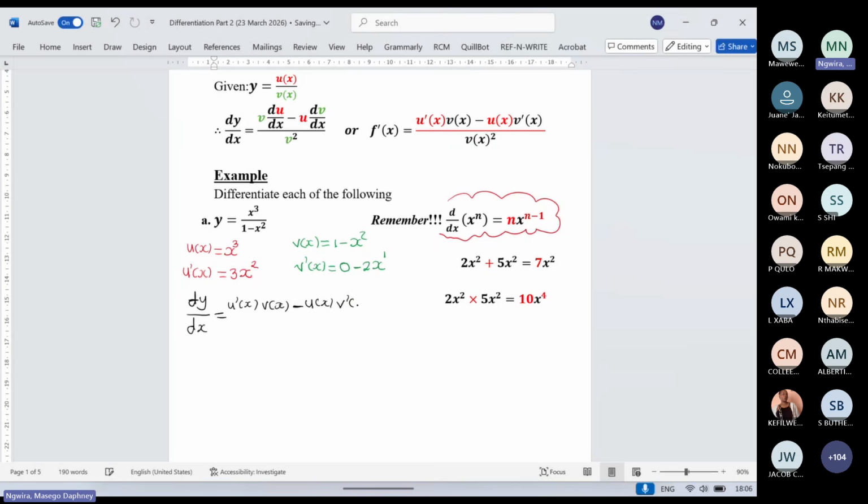I'm just rewriting the rule. Then everything over v(x) squared. We square the function of v.